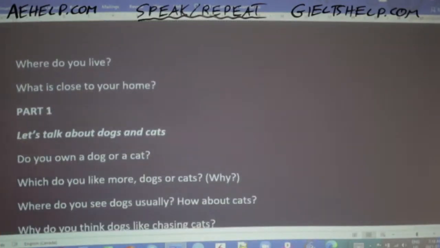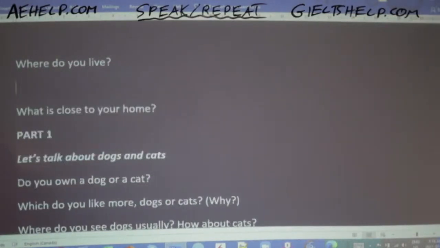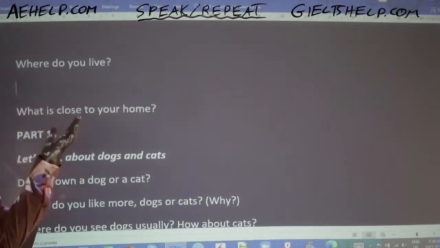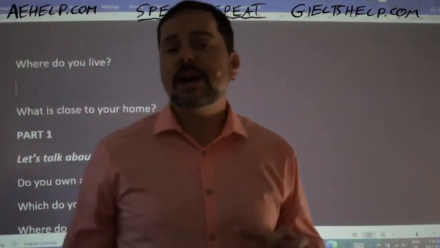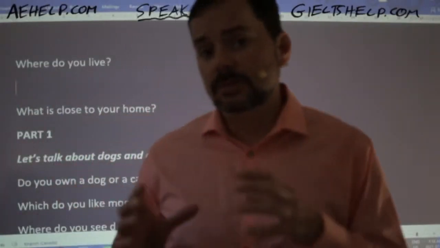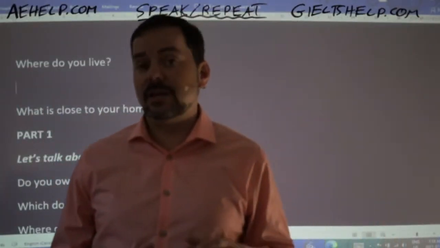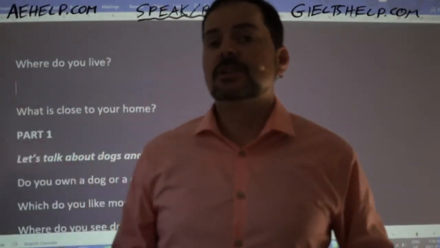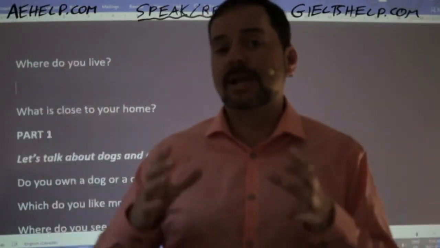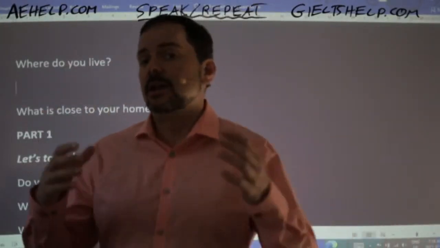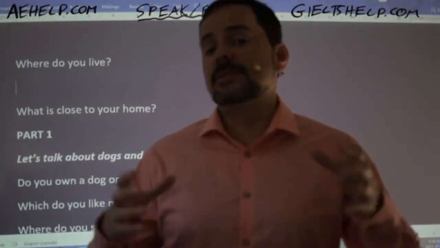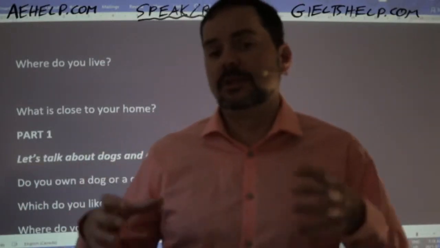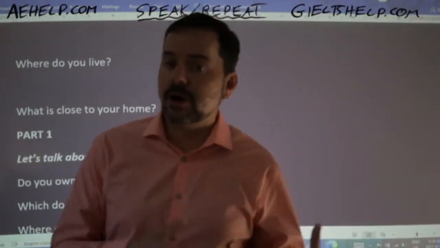All right, and then you will get some warm-up questions that are very, very general. Be very confident answering these. So the next question is, where do you live? Okay. Now, when you answer the question of where do you live, think about it like Google Maps. Okay. So think macro, micro. So country, city, province, and then think about the actual residence. So do you live in a house? Do you live in an apartment?